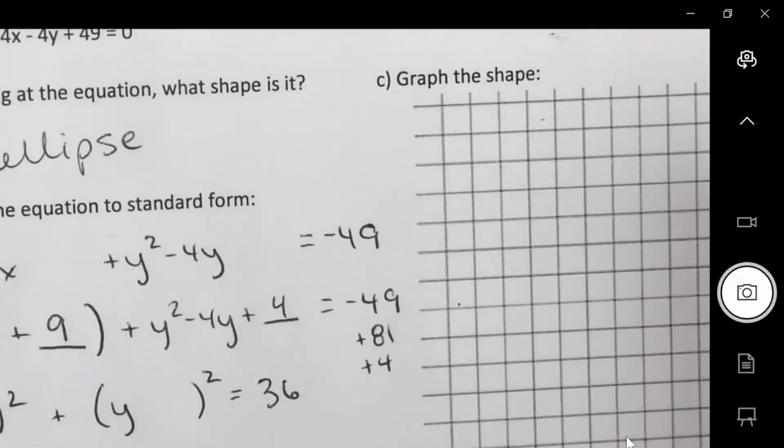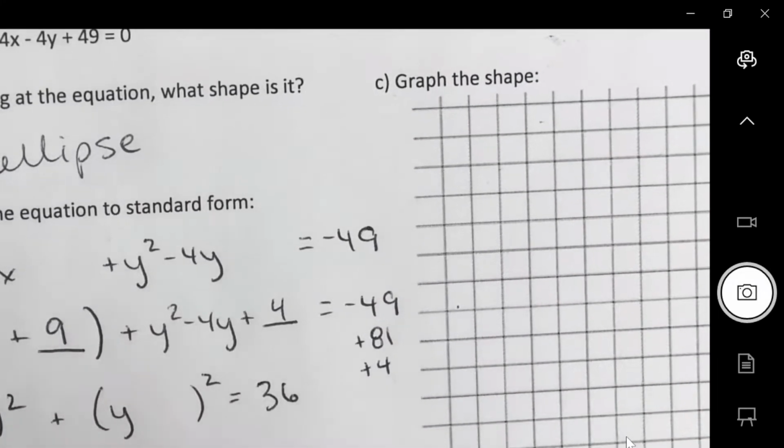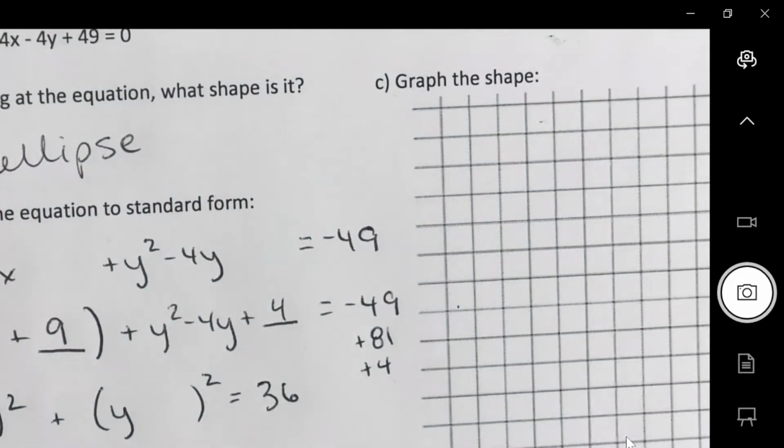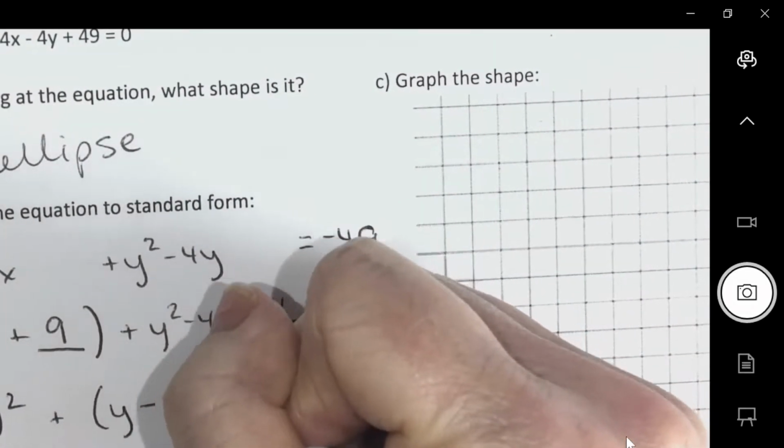Okay, so what's the inside brackets numbers? This would be an x plus 3. And this would be a y minus 2.